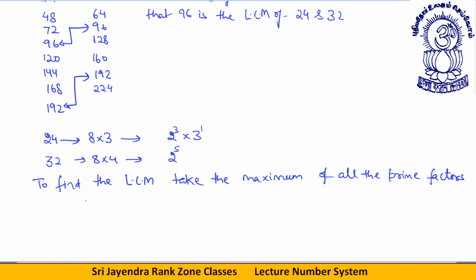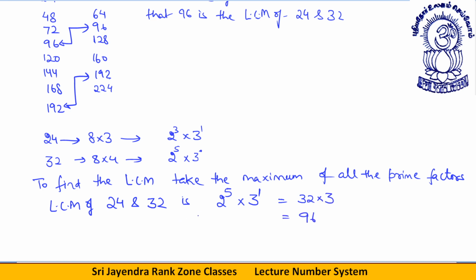What is the maximum power of 2? That way LCM of 24 and 32: the maximum power of 2 is 5. Here we have 5. Here this is 3 raised to power 1, and here this is 3 raised to power 0. So the maximum power of 3 is 1. Got it? So therefore this is equal to 32 into 3, or you can say 96.